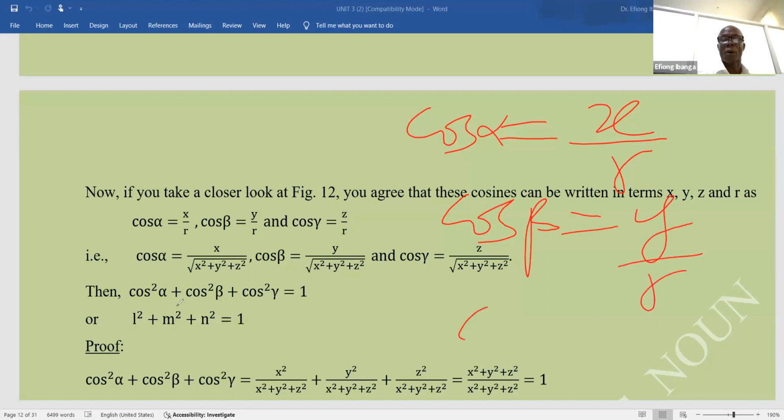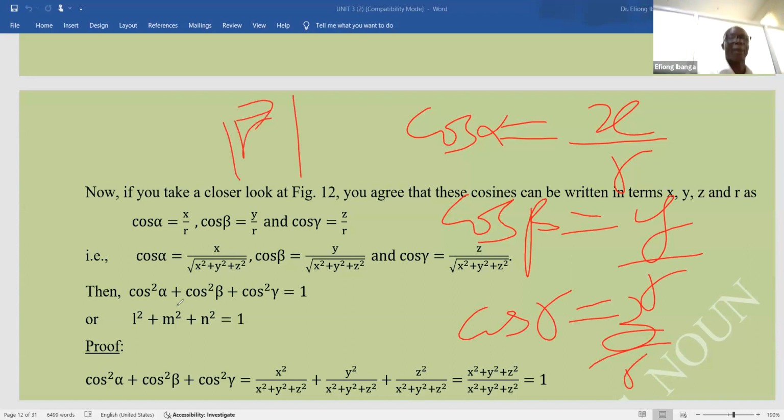Then cos gamma is going to be the Z side, the adjacent in that case, over the hypotenuse. The hypotenuse is R. This is not gamma. Let me write it well before we make mistakes. This is R, or if you like, the modulus of the vector R, which I said can be written as R. I hope you understand that. That is how I got all of this.